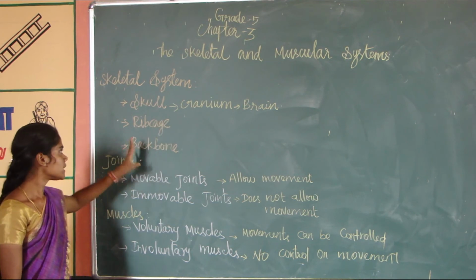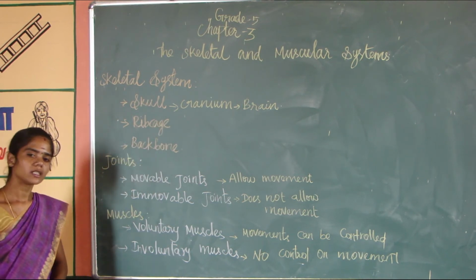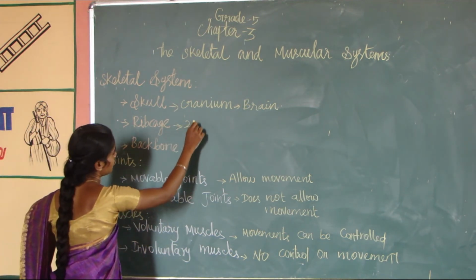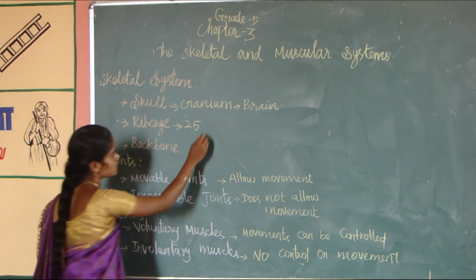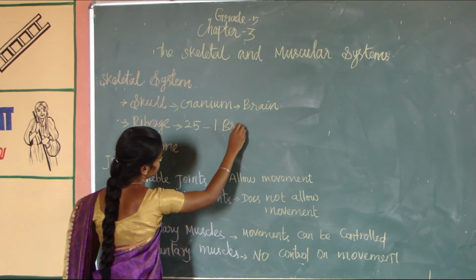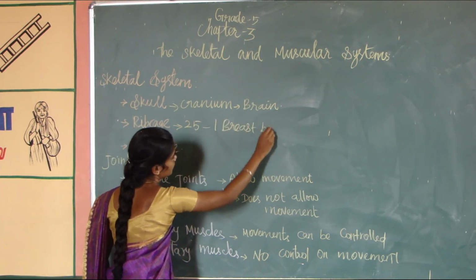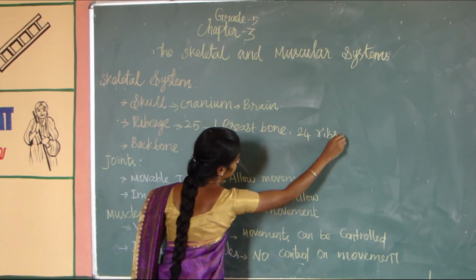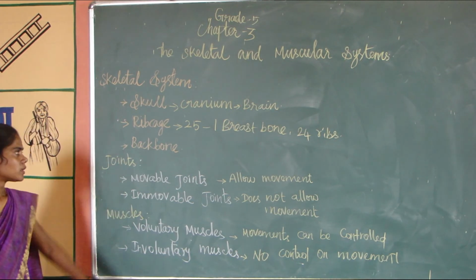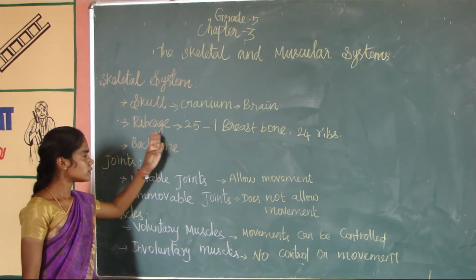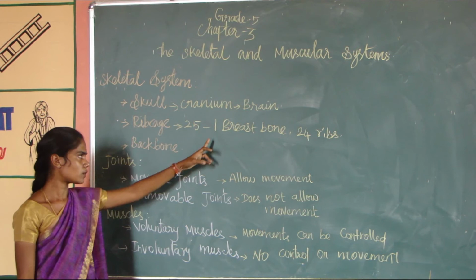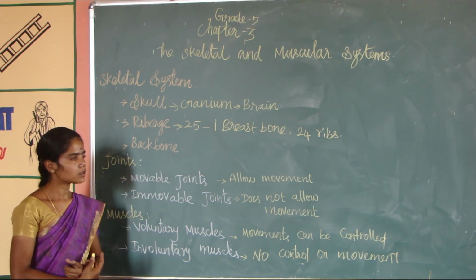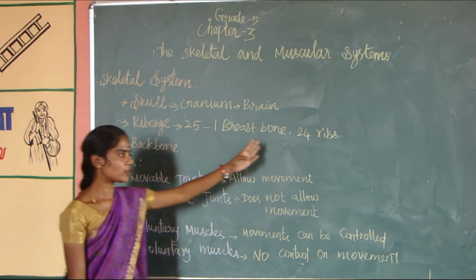Okay, and the rib cage. What is called the rib cage? It consists of 25 bones: 1 breastbone, that is the center bone, and 24 ribs.